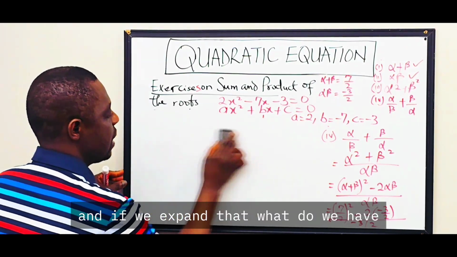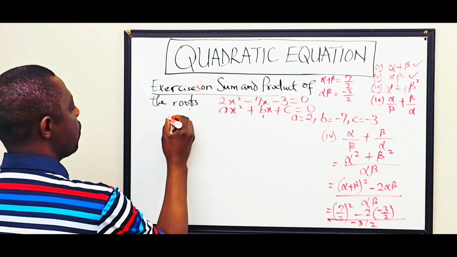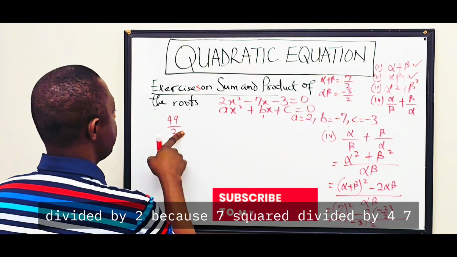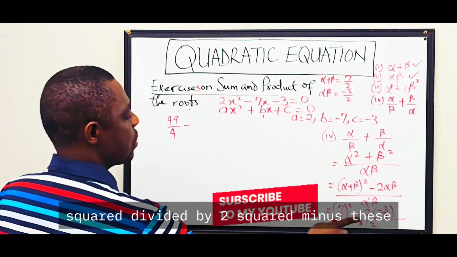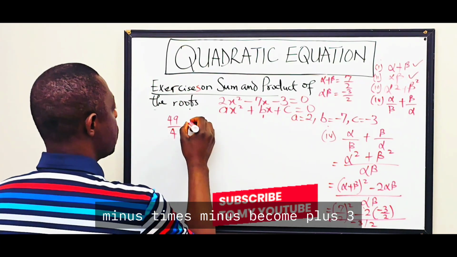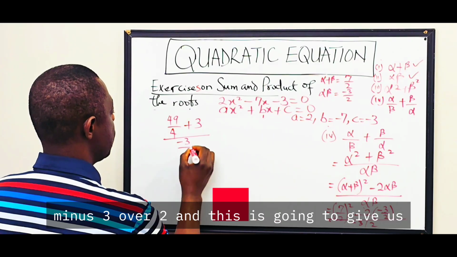And if we expand that, what do we have? We're going to have 49 divided by 4, because 7 squared divided by 2 squared, minus, these 2 cancel out these 2. Minus times minus becomes plus 3, divided by minus 3 over 2.